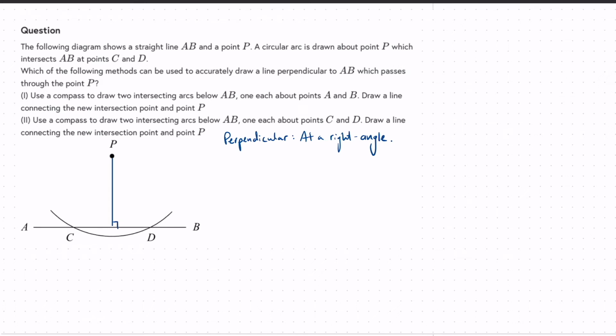So how can I do that? Well, the way that we do it is using something called a perpendicular bisector, which we already know what perpendicular means. And bisector, all that means is we cut in two, right? So by two sector, we're going to cut it into two pieces.